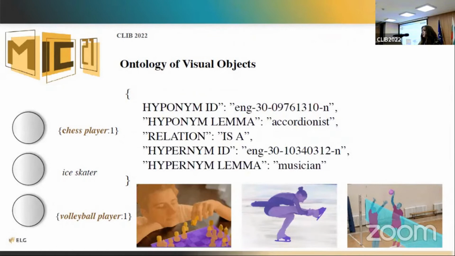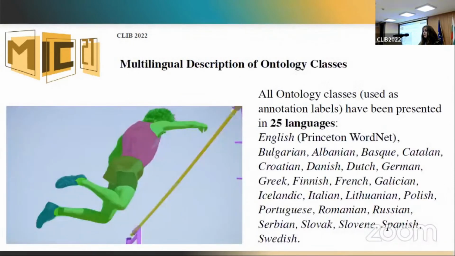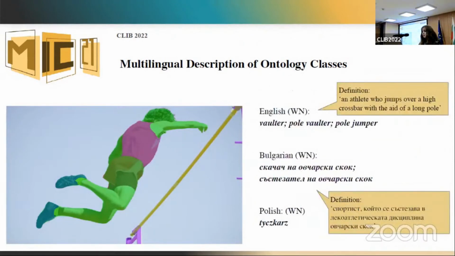The ontology is presented in a JSON format. Also, in the scope of the project, classes were translated into 25 languages. Not only classes, but also their synonyms and definitions by means of openly available WordNets, if not present there, by BabelNet, or if not present at BabelNet, by machine translation.